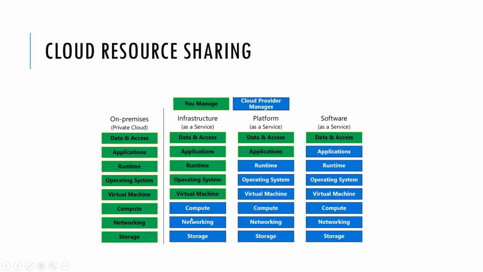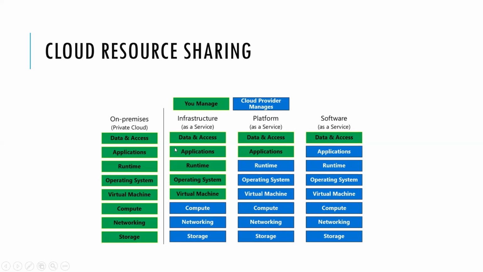When you go for infrastructure as a service, maybe you want to spin up a virtual machine. You want compute power with certain machine types, a certain storage, and the right connectivity to it.